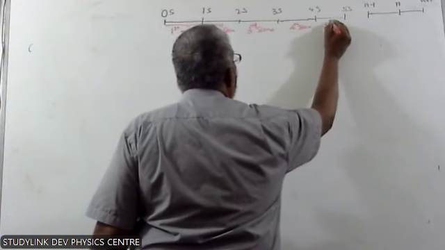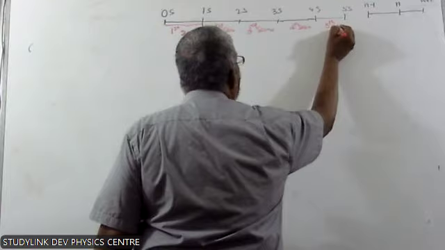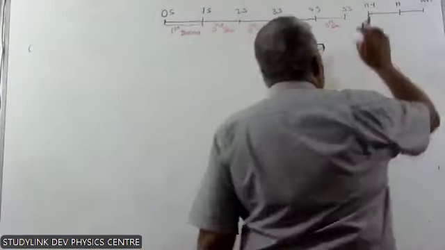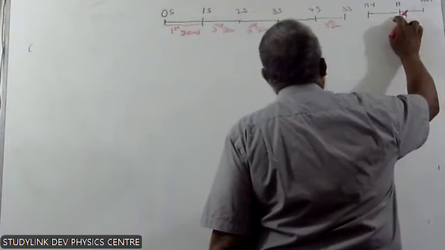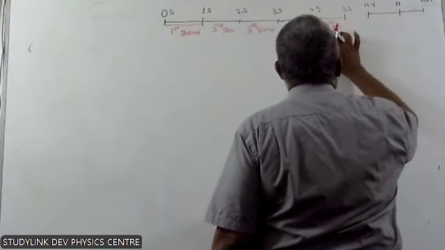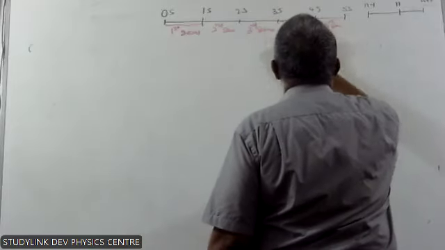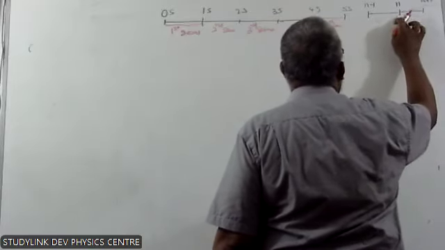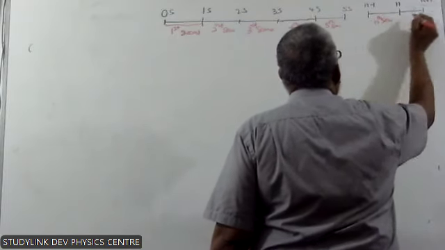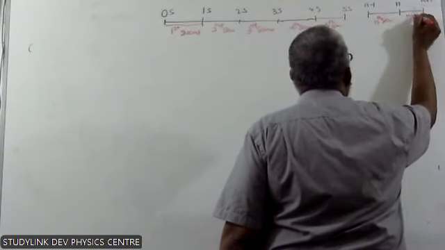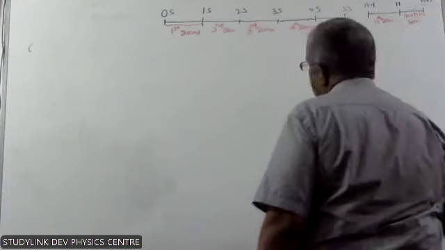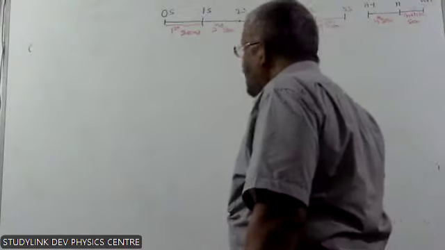This is the fifth second, 4 to 5. Then from n minus 1 to n, we say the nth second. This is the n plus 1 second. Like that we can say it.